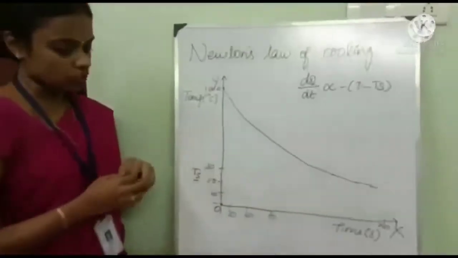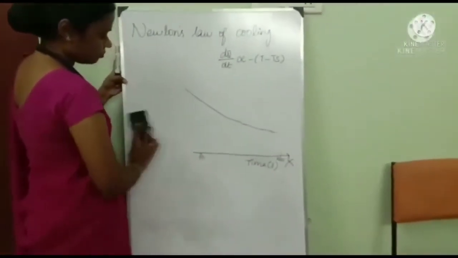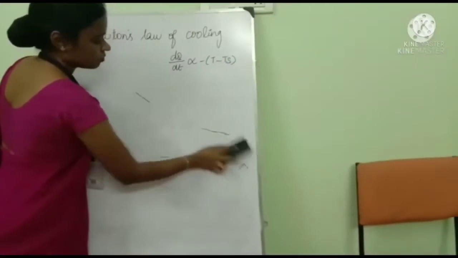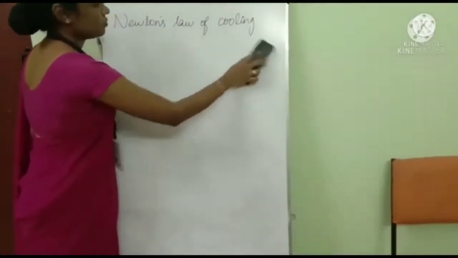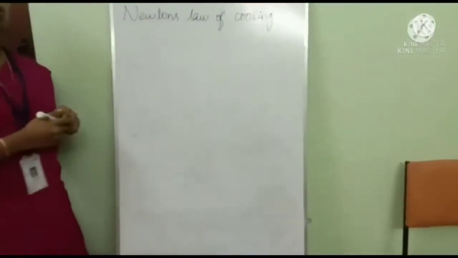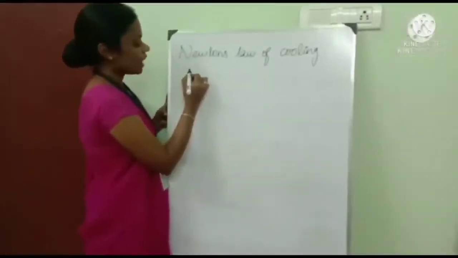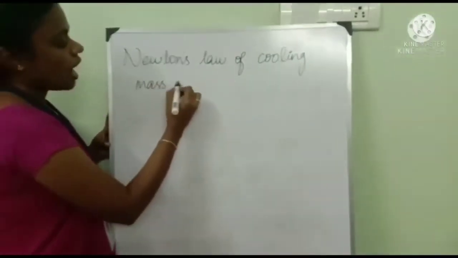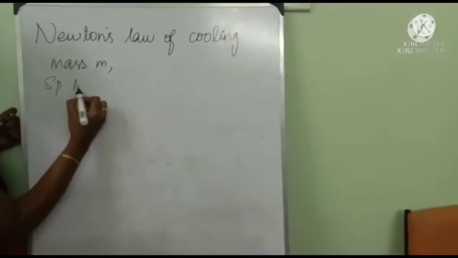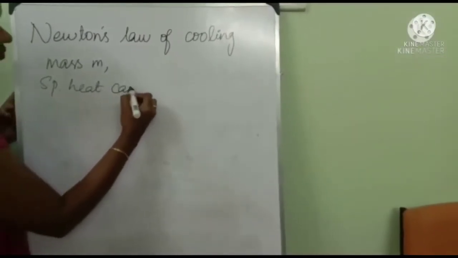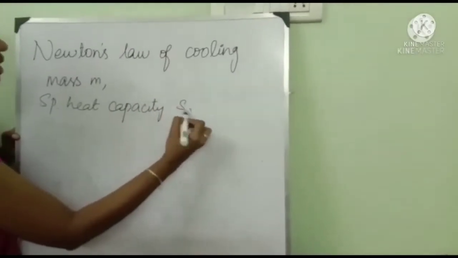Now we shall go into the derivation. So let us consider an object which has a mass m and a specific heat capacity s.